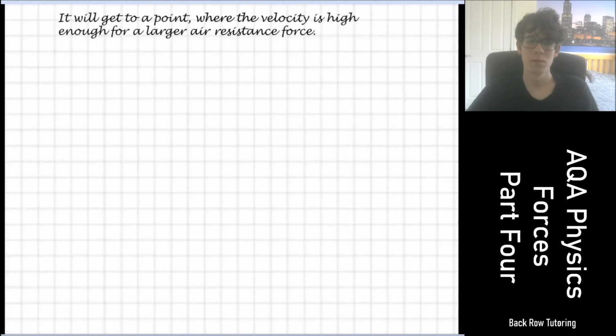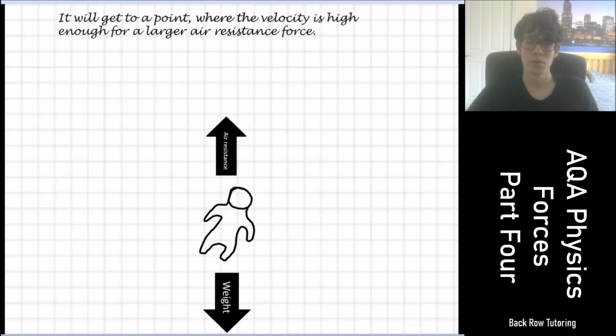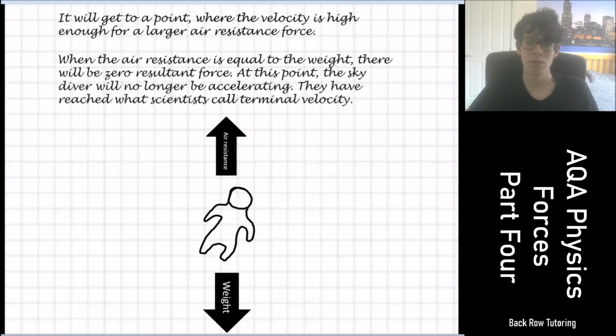It will get to a point where the velocity is high enough for a larger air resistive force. When the air resistance is equal to the weight, there will be zero resultant force. At this point, the skydiver will no longer be accelerating. They have reached what scientists call terminal velocity.